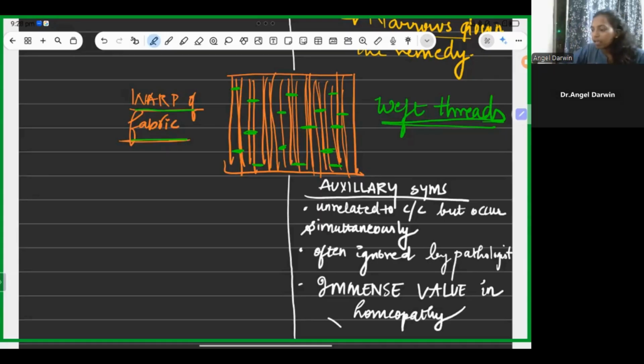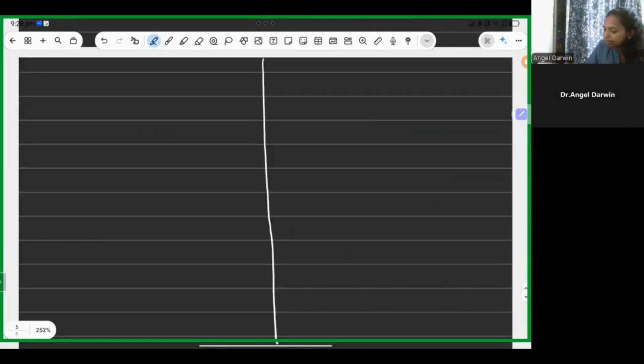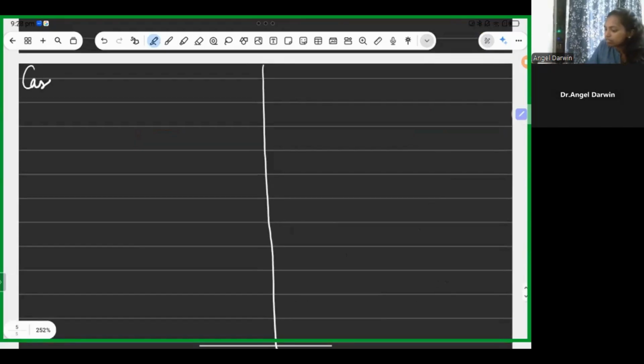Now, he has given an example of two cases, which we are going to see now. Case one, tension, stiffness in back. Patient says he has tension, stiffness in back muscle.